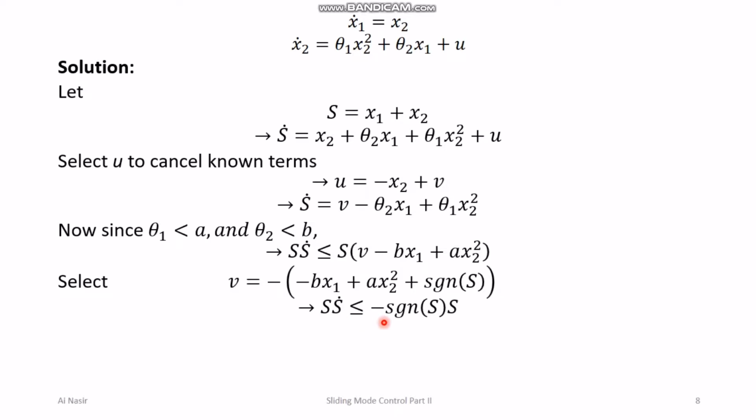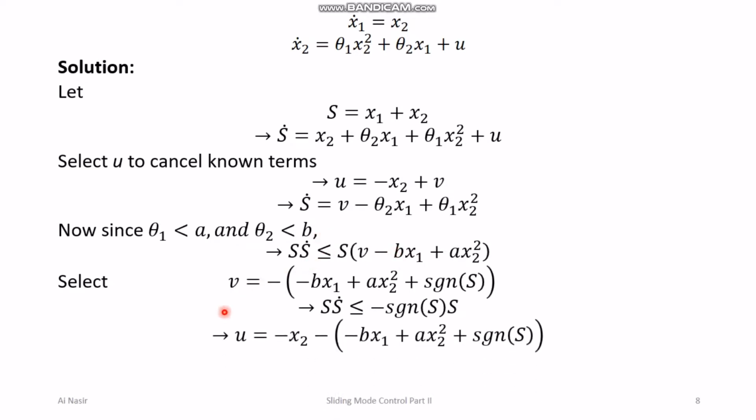So this is s into s dot. We can have s into s dot less than or equal to minus the absolute value of s with this type of controller, except as I mentioned, v would be sine of s multiplied with this whole term, and here there will be sine of s with these two terms, because we are assuming theta to be positive, and there is a negative sign here, so we have to cater for that.